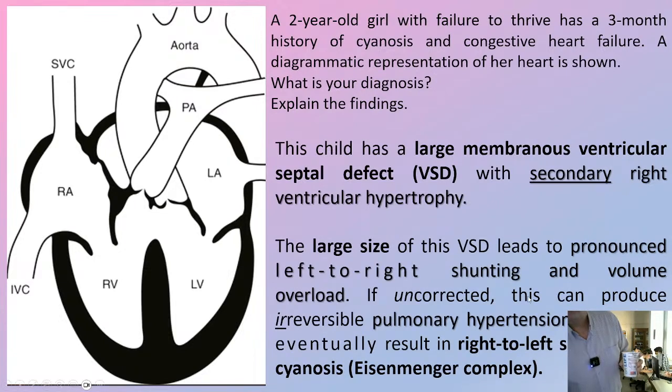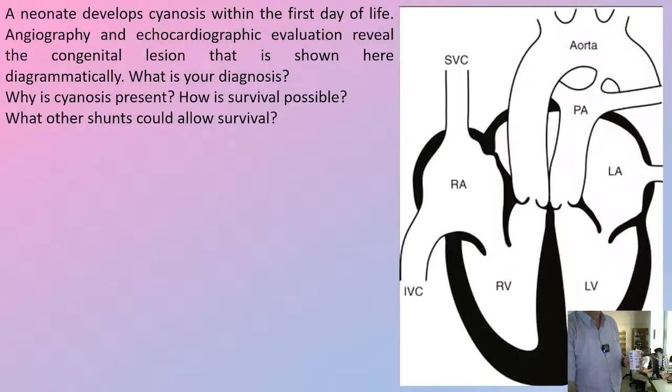However, after some time, we had the right to left shunting known as Eisenmenger physiology that caused the cyanosis. But initially, it was left to right. That's why we had the pulmonary hypertension and cor pulmonale.